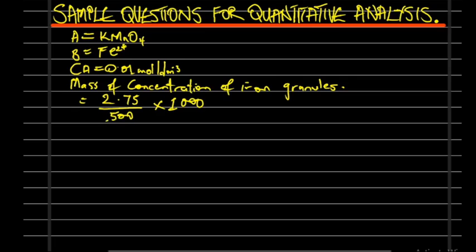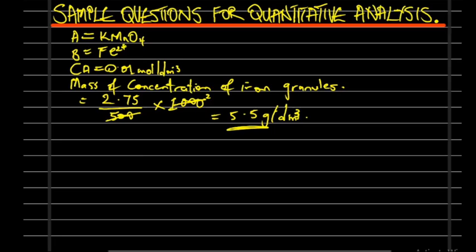And so when we do all of this calculation, what we'll be having is 5.5 grams per dm cube. This is what we'll be using for our question.